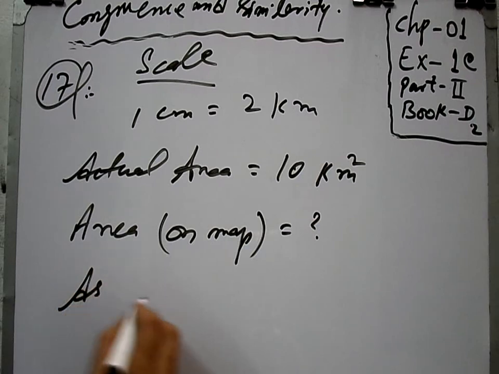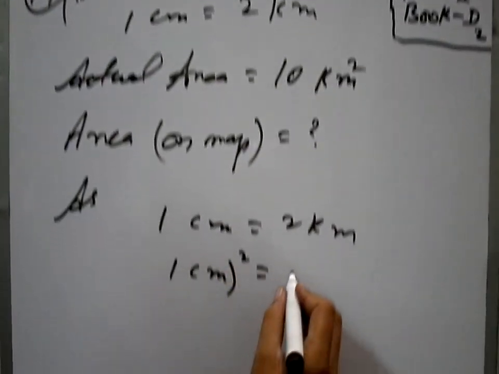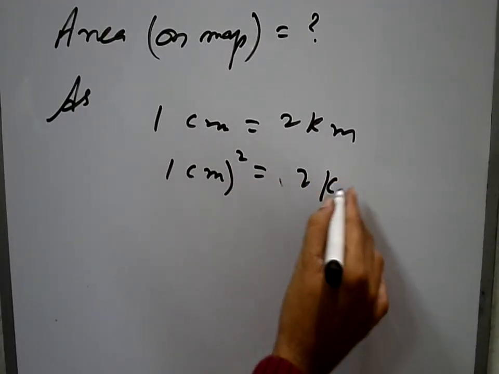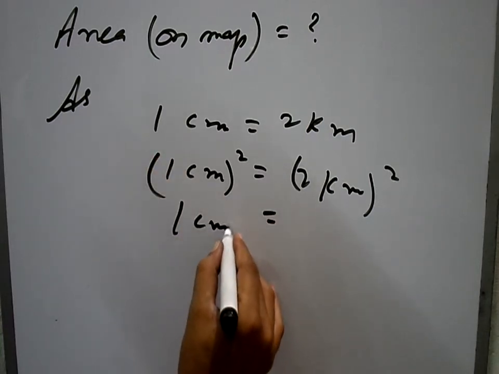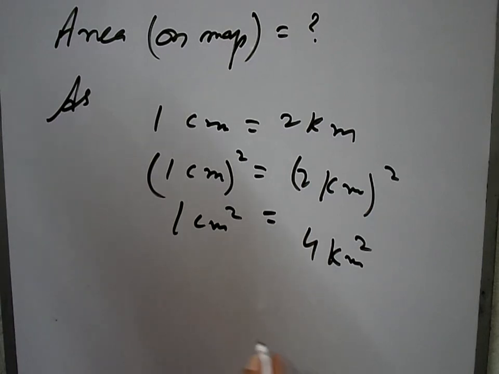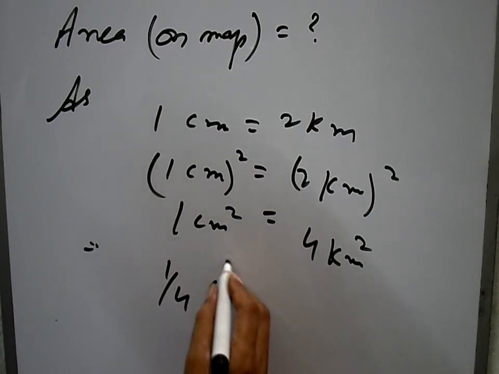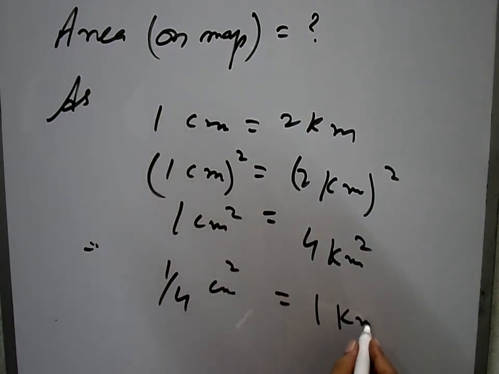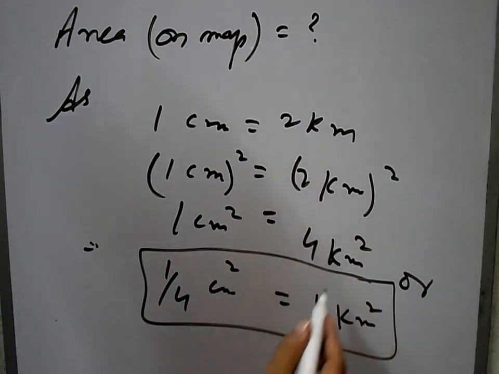As 1 centimeter is equal to 2 kilometers, squaring both sides, you will get 1 centimeter square is equal to 4 kilometers square. So that is the new scale. Therefore 1/4 centimeter square is equal to 1 kilometer square. This deduction is very much important.